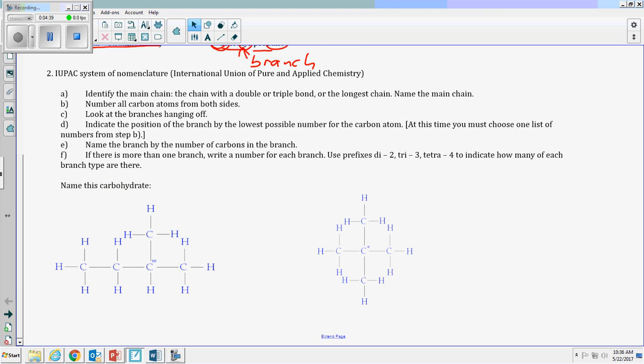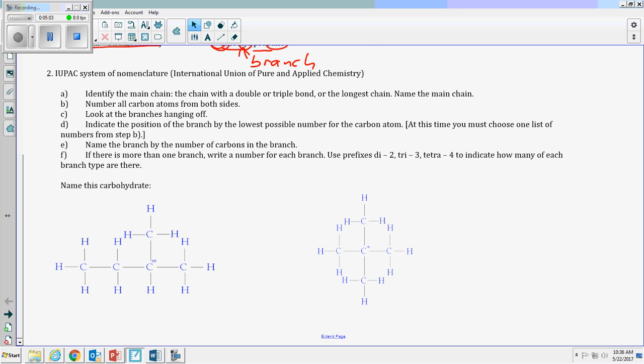So first you have to identify the main chain. If you have a molecule with a double or triple bond or any other special feature, that is automatically the main chain. If there is no such special feature, you choose the longest continuing carbon chain.